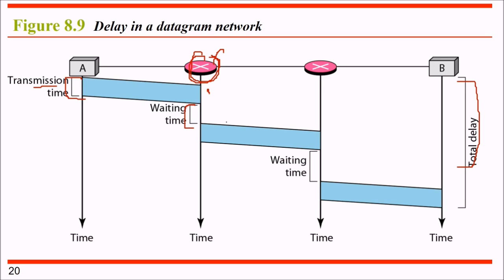So this is the waiting time. Again, some certain waiting time for this switch. So ultimately it reaches here, and this is always the time for transmission. The transmission time along with the waiting time is the delay time in the datagram network.